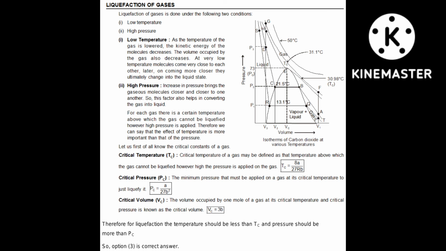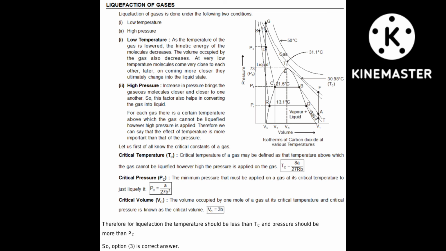Here you have to understand, it will be converted into liquid by applying pressure. Carbon dioxide gas below its critical temperature is called carbon dioxide vapor.